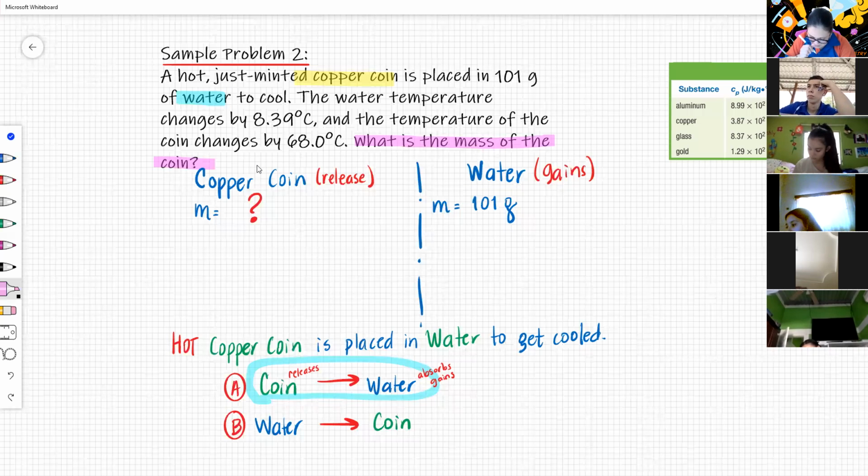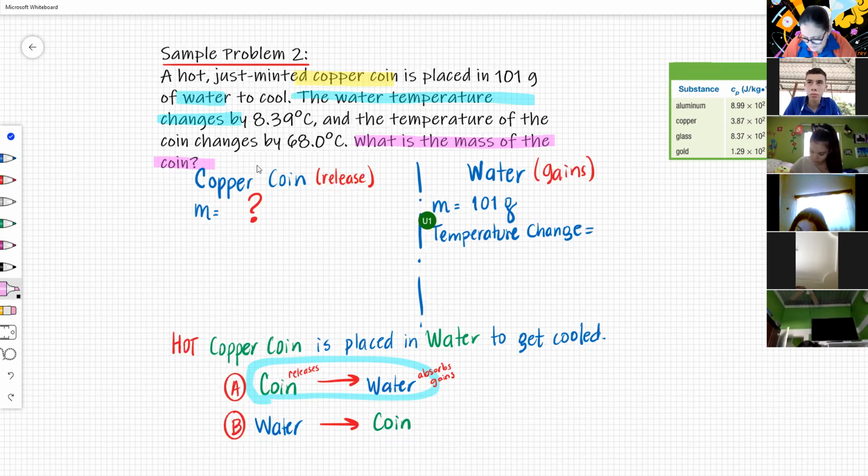Now, it tells me the water temperature changes by 8.39 degrees. In that case, because we're talking about water, I need to write the information in the water side. So it's not giving me an initial or final temperature. It's giving me temperature change. When temperature change is given, basically they are giving you delta T. And for water is 8.39 degrees Celsius.